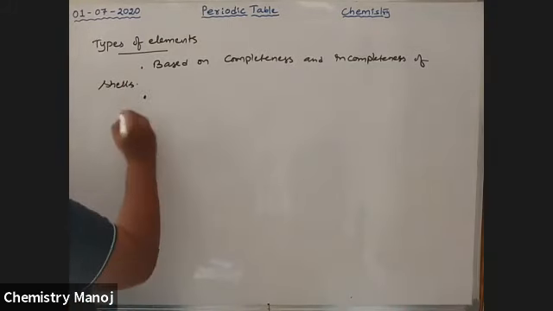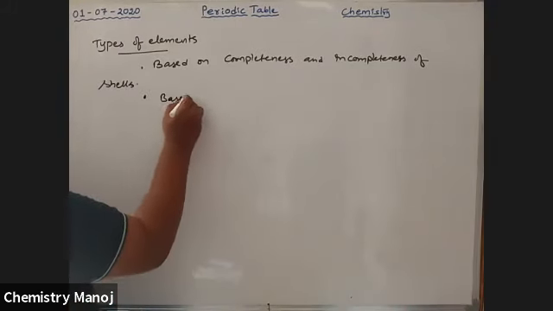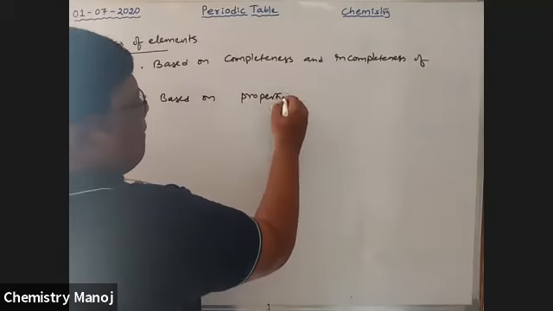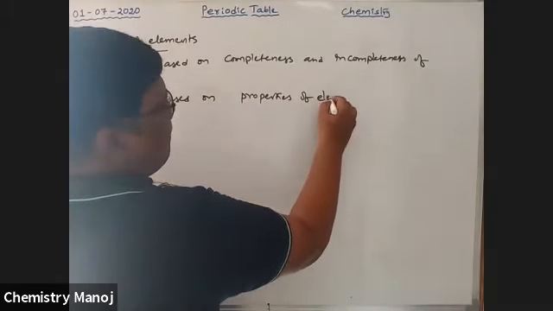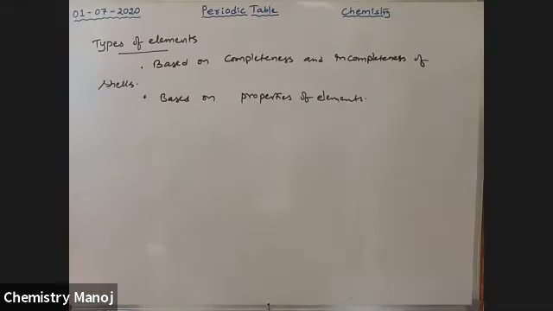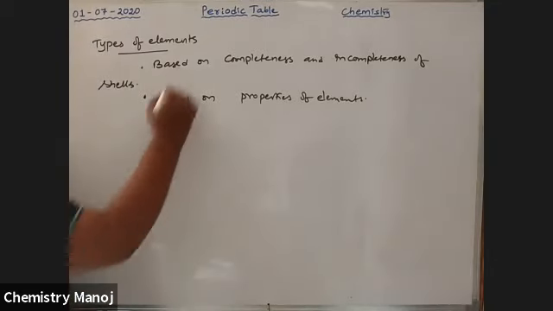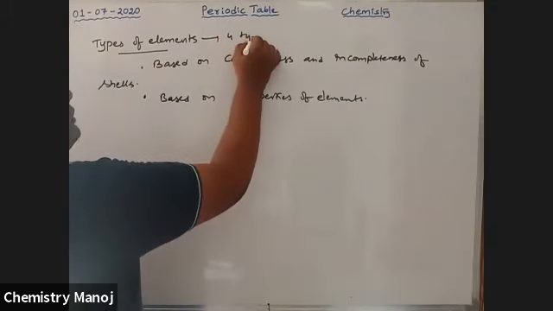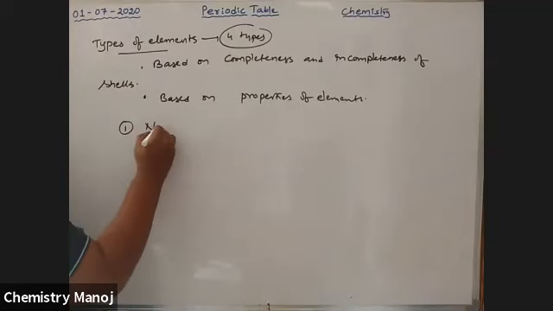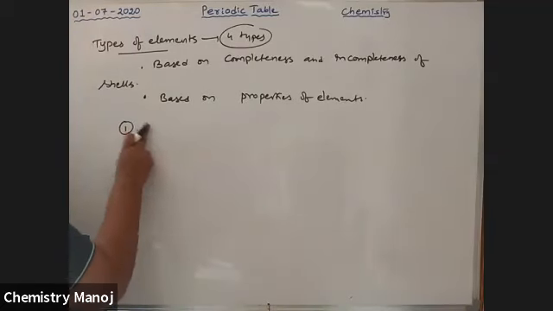It is also based on the properties of the elements. So, how many types of elements are there? 4 types of elements. Those are nothing but 1, noble gas elements, inert gas elements.